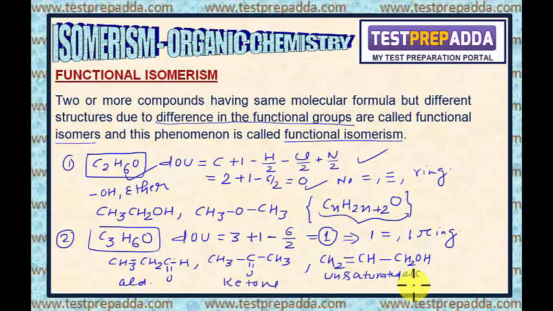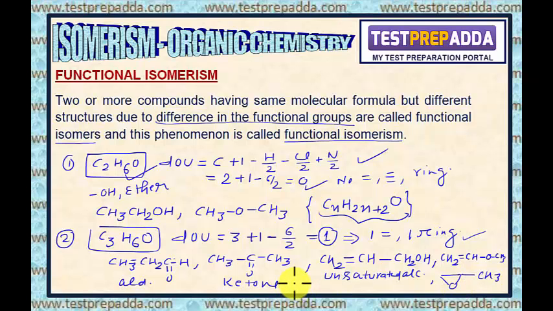In the same manner, we can write ether: CH2 double bond CH single bond OCH3. Now we can write cyclic ether because a ring can also be there. So cyclic ether we can write like this. Here you have to write CH3, CH, CH2, so the total number of hydrogen atoms will become 6, and 3 carbon atoms, 1 oxygen.